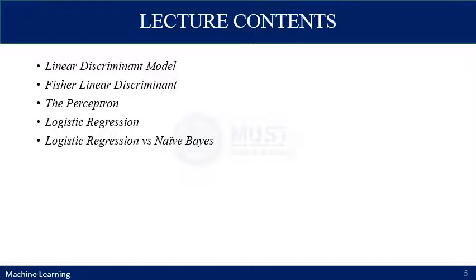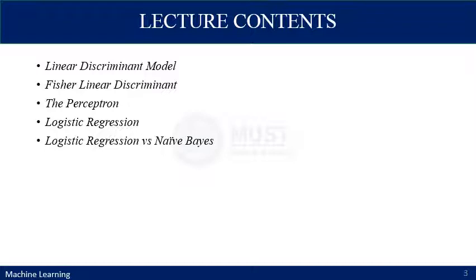The main focus of this lecture is on the linear discriminant models, and we will employ several techniques to test and formulate discriminative models. One of the famous algorithms for discriminative models is logistic regression.